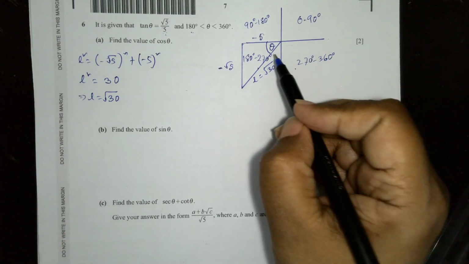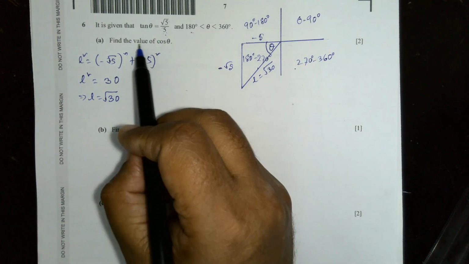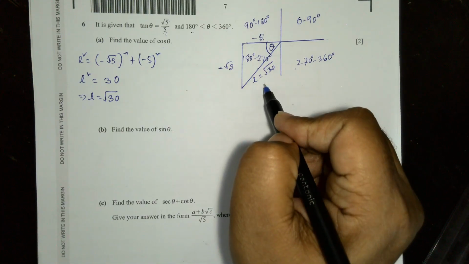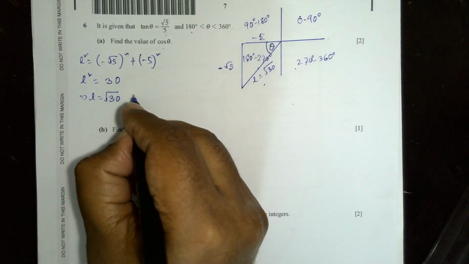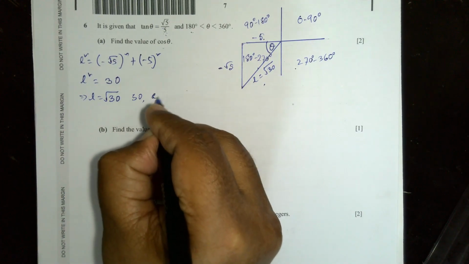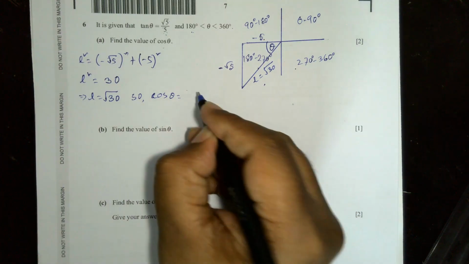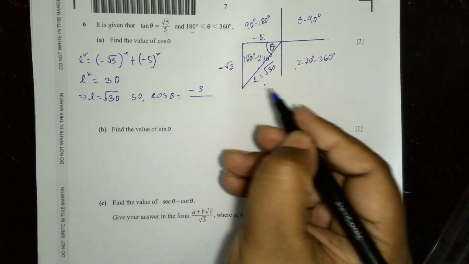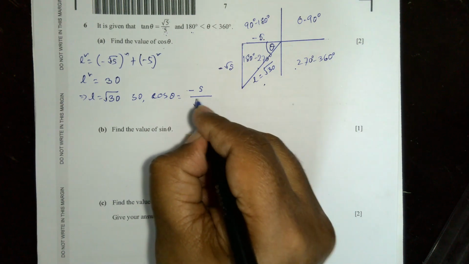Now what is cos theta? They have asked us to find the value of cos theta. Cos theta is adjacent over hypotenuse. So cos theta equals adjacent, minus 5, over hypotenuse, square root 30.